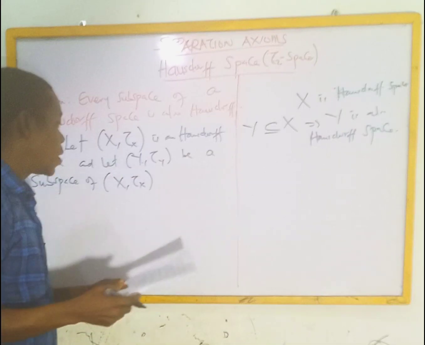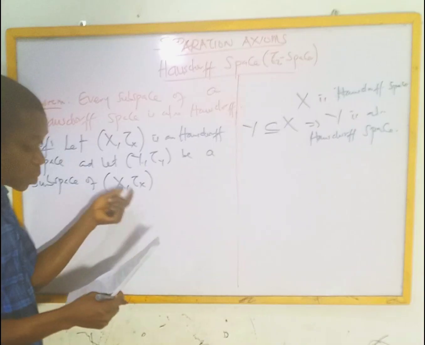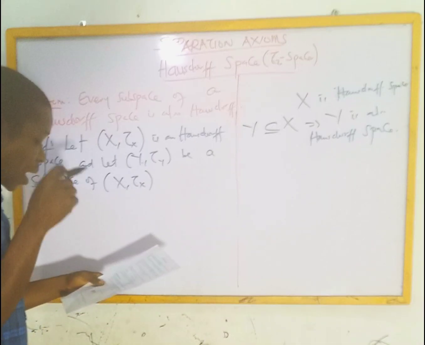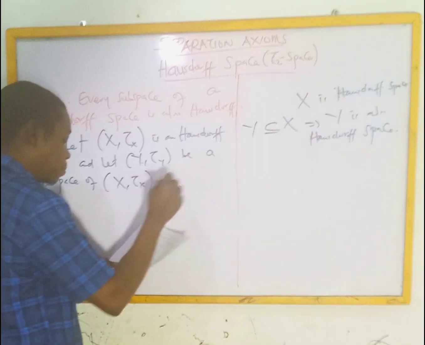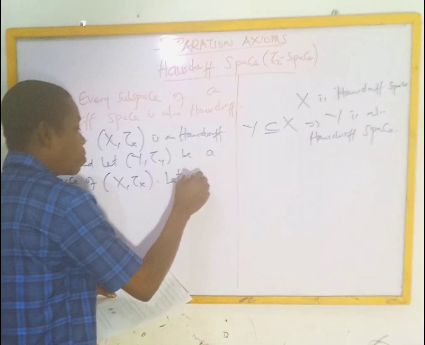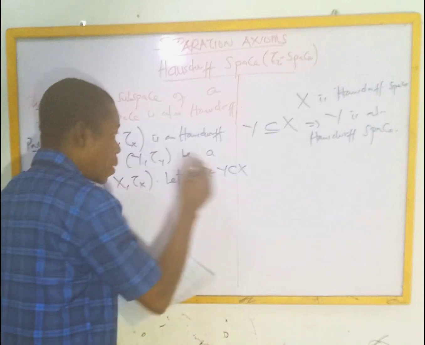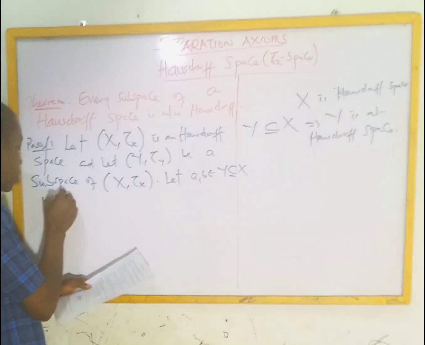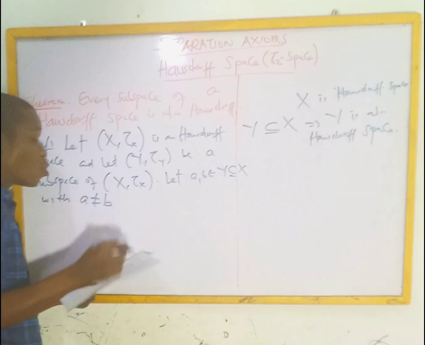Because we have two things, let me pick any two distinct points of the subspace, let us say a not equal to b.